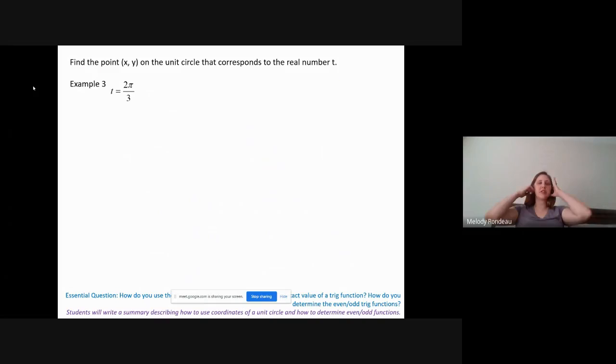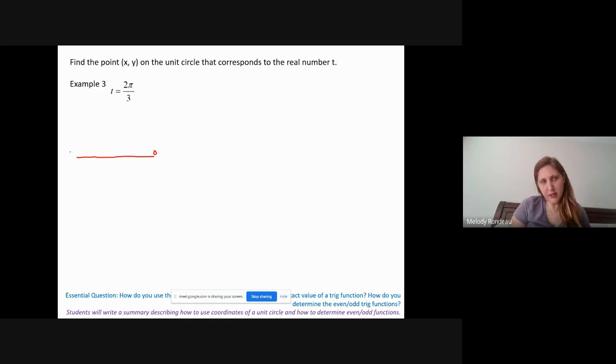Now we're going to find the point (x, y) on the unit circle that corresponds to this. This is kind of going to act like our angle. So here this first one, I'm going to draw it to make that connection. And then we're definitely going to reference the unit circle, because that's the point, to be able to use the unit circle. But I'm going to start with this one drawing.